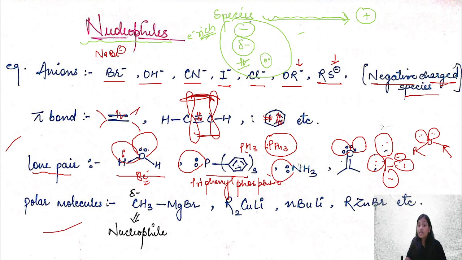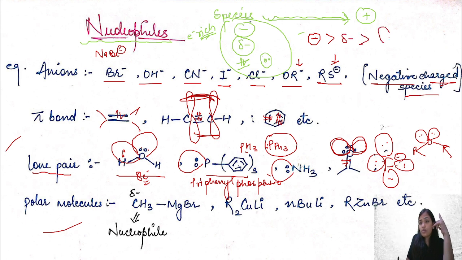You might say, ma'am, in this case I have this pi bond also and this lone pair, so why is this lone pair nucleophilic? See, if you have a negative charge, a partial negative charge, a lone pair, and a pi bond, then relatively the species with a negative charge are more nucleophilic because they want to neutralize themselves.